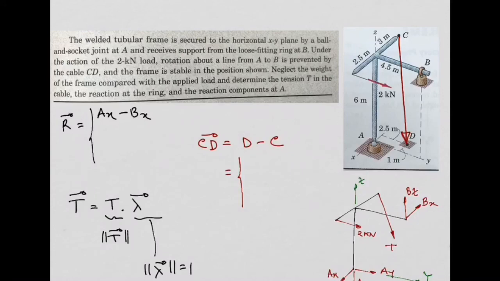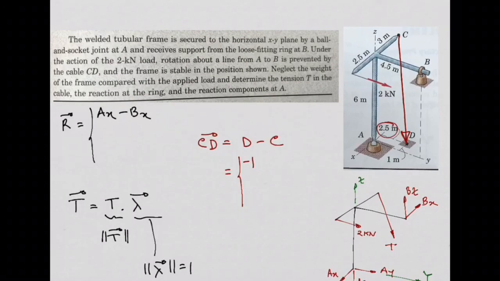Minus 1. You agree with me? So this point D here, what are the coordinates? Minus 1. In the y direction? I think in the x direction is minus 1, isn't it?